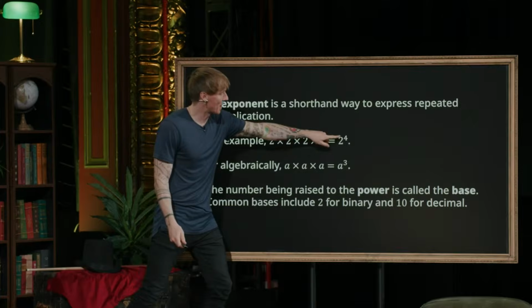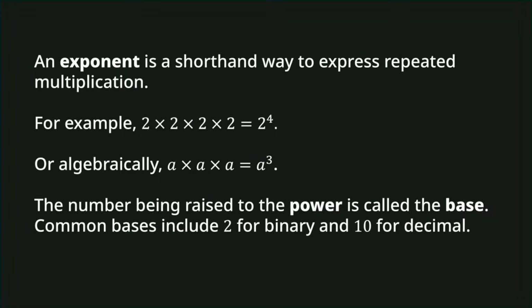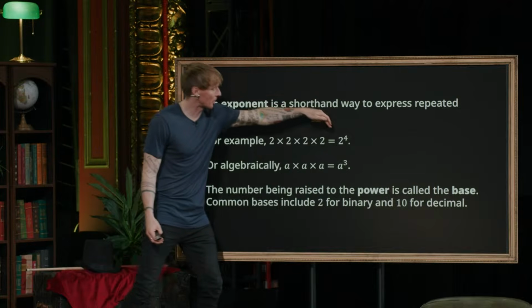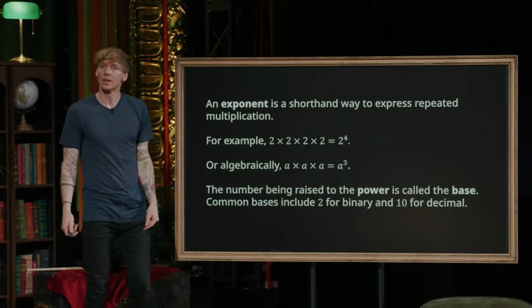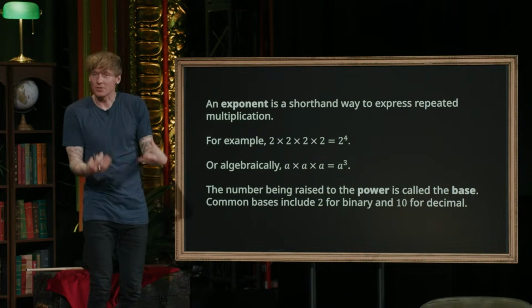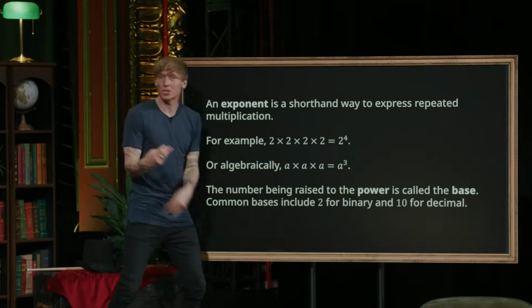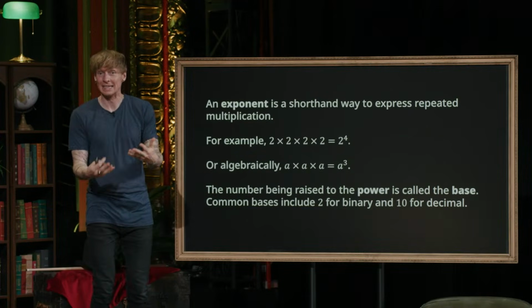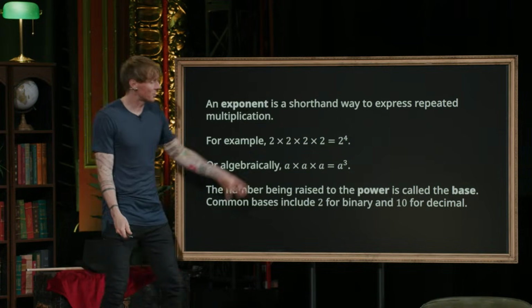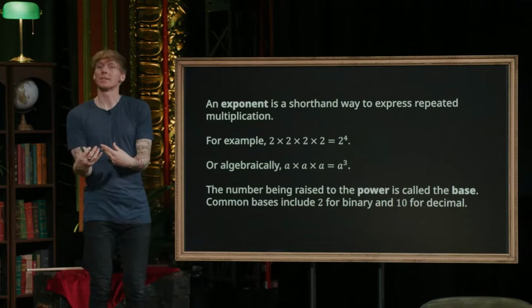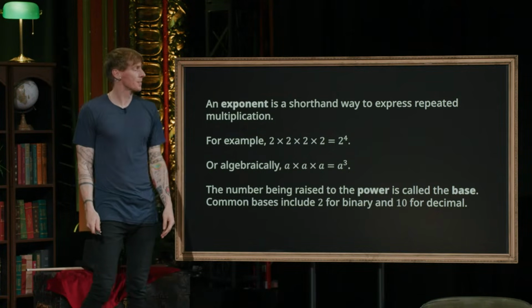Here we've got base 2 to the power 4, and here base a to the power 3, or we would say exponent 4 or exponent 3. Common bases you'll see are the number 2, especially when working in binary, in computer science, and also 10, because we work in the decimal system with our own numbers.